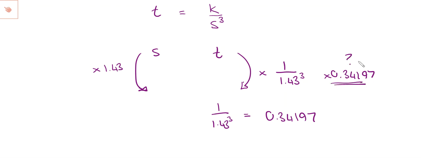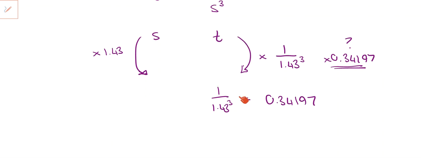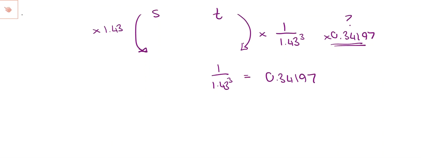Like percentage. Yeah. So you do 0.34197 multiplied by 100, and that is 34.2% rounded, but you still have to answer the question.